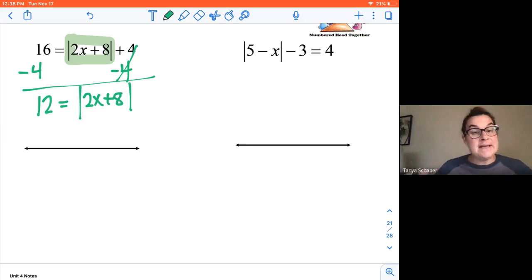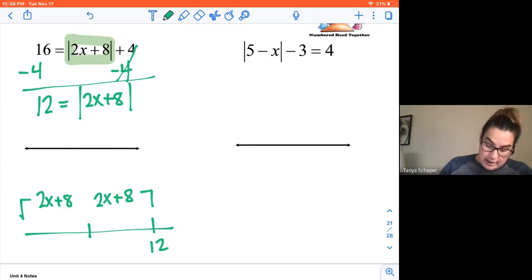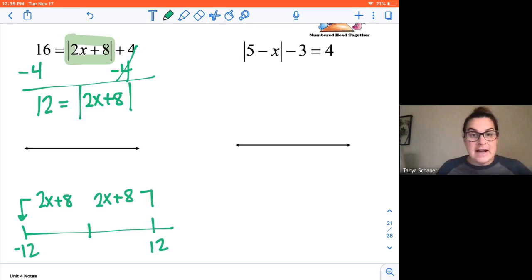Now, that tells me that 2x plus 8 has to get me to positive 12, and 2x plus 8 needs to get me to negative 12. That's what it's telling me. So those are the two equations that I need to solve now.